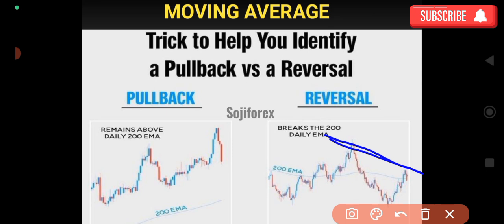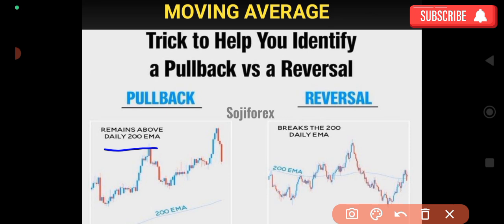The second way, which is the essence of this video, is how we can use the moving average. We'll set up our moving average, which is the 200 EMA, that is the 200 exponential moving average, on our chart and see how price behaves around it. We have established that once price is above the 200 EMA, we are in an uptrend.